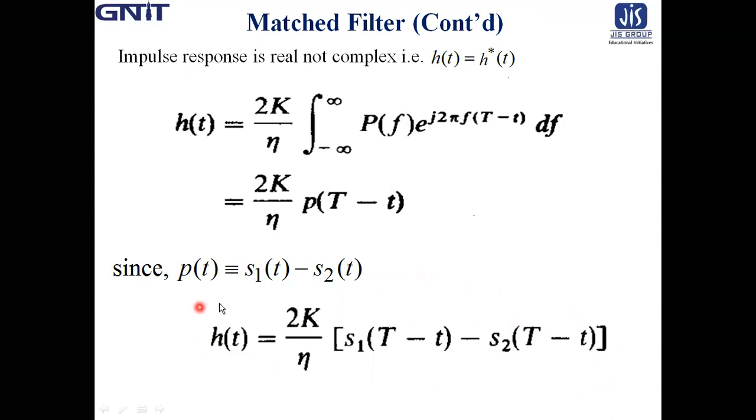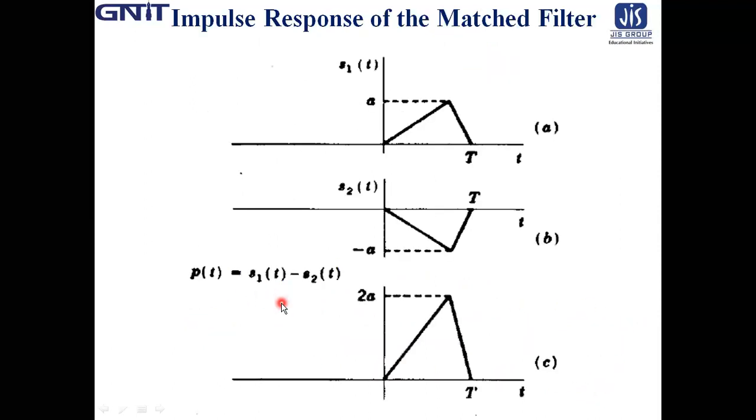We can see the impulse response with an example. Suppose s1(t) is like that and s2(t) is like that. Suppose the two pulses are applied to a matched filter.